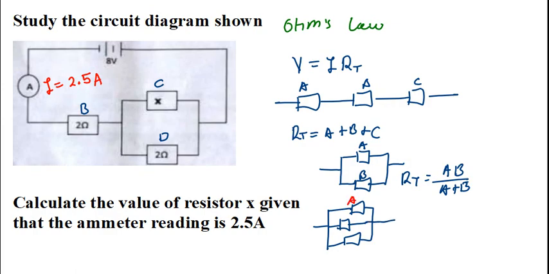Let's say this is A, this is B, and this is C. How you come up with the total resistance is this way. 1 over the total resistance is equal to 1 over A plus 1 over B plus 1 over C.